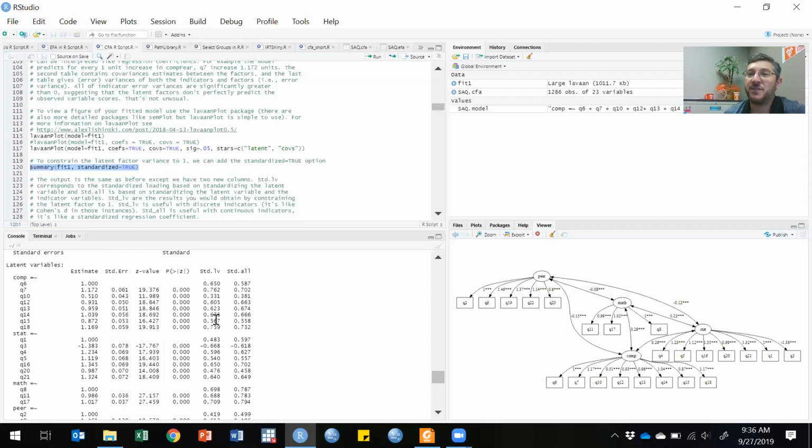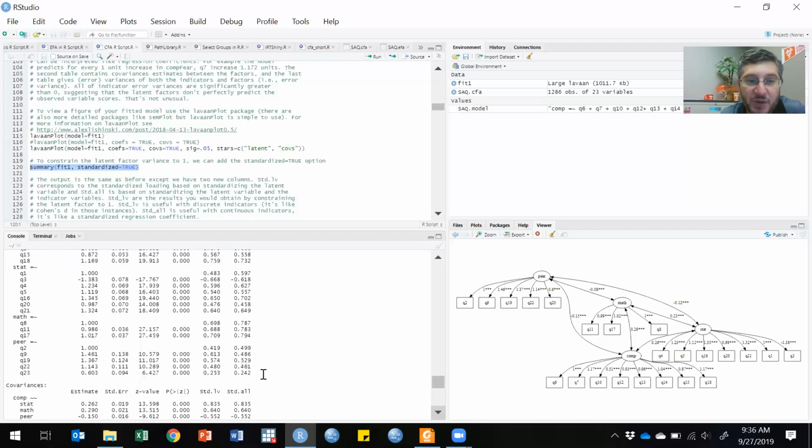We're typically looking for factor loadings greater than 0.5, and greater than 0.7 is probably even better. It looks like here question 10 has a weak factor loading. Everything in the math view constructs is loading pretty nicely. Question 23 here has a pretty low loading.